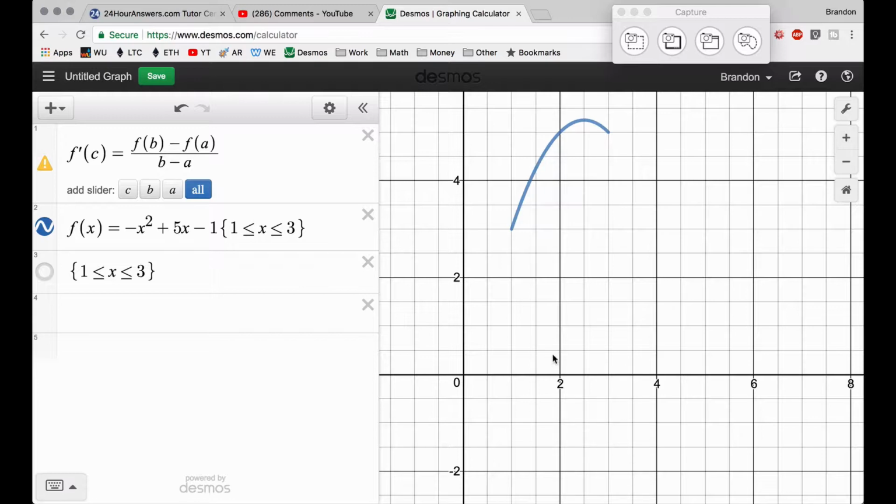But again, I'm just visually looking at this. So again, imagine a line going here, and then some other line that's going to be parallel, but really all we're trying to do is find the value of c somewhere between 1 and 3 that has the derivative that's equal to the slope of the secant line. Let's go ahead and have a look at that.